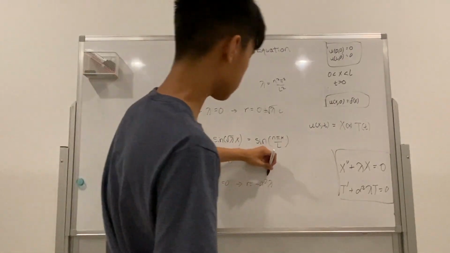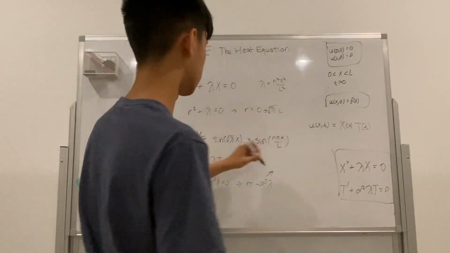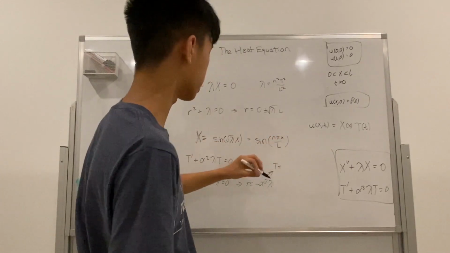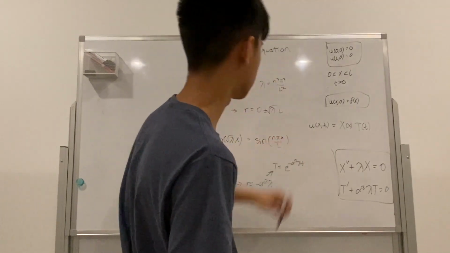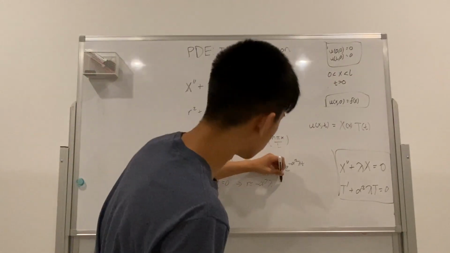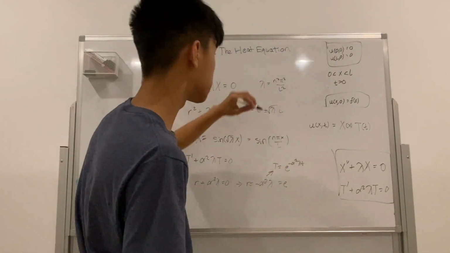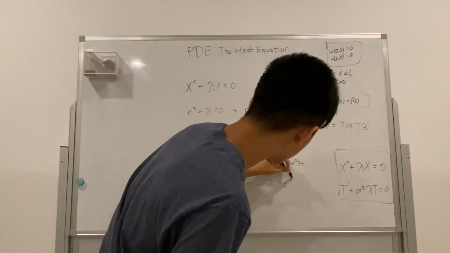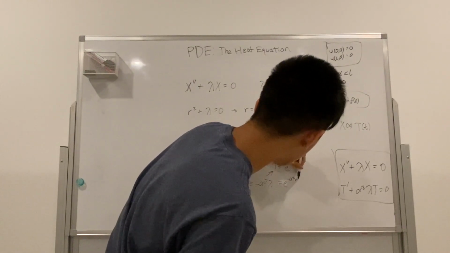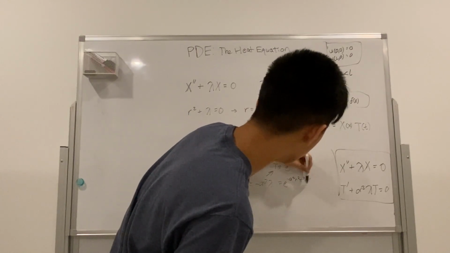Therefore, we will get a solution of T that looks like this: e to the negative alpha squared lambda t. And then, since lambda is n squared pi squared over L squared, we can just plug that in, so n squared pi squared t over L squared.